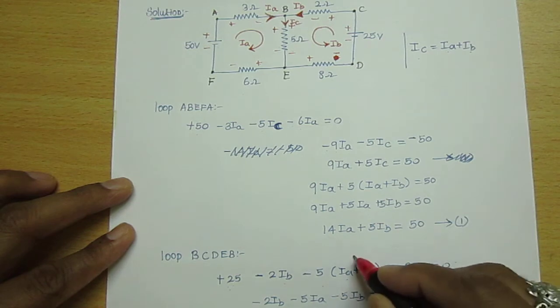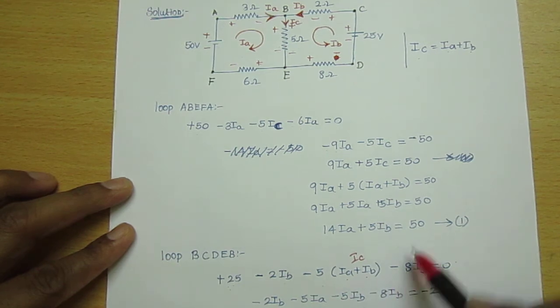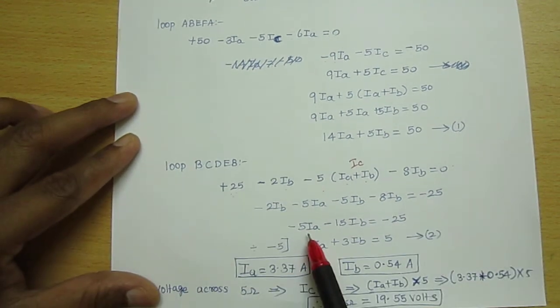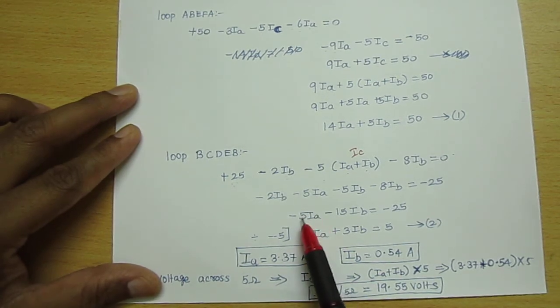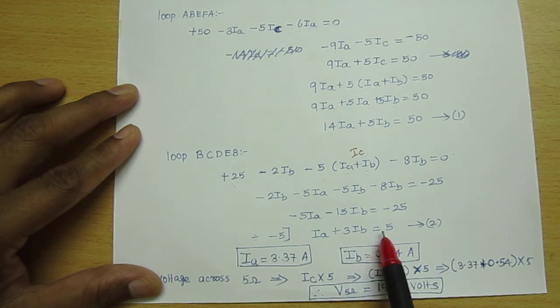Actually this is IC, instead of IC I'm making this as IA plus IB, minus 8IB is equal to 0. So if you substitute the value, and then here I'm taking minus 5 as a common, I'll get IA plus 3IB is equal to 5.